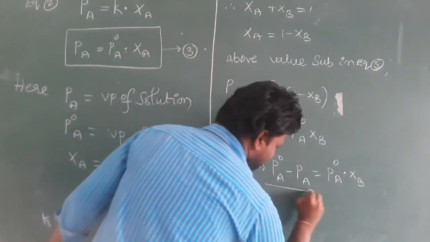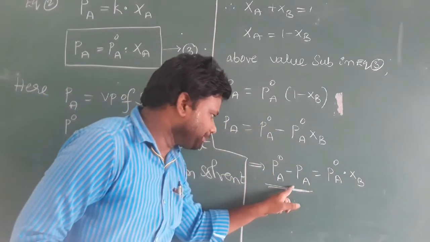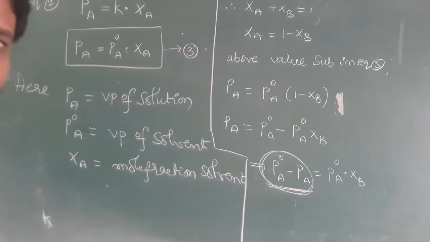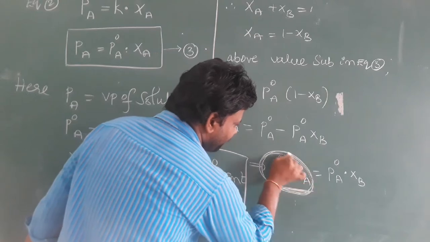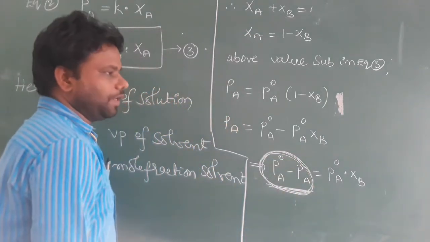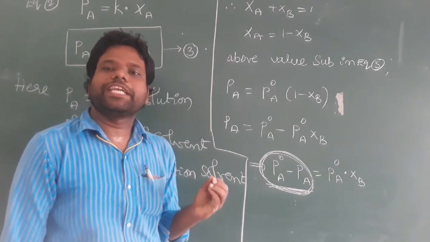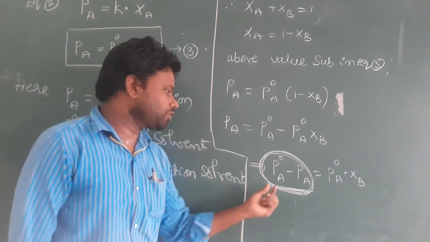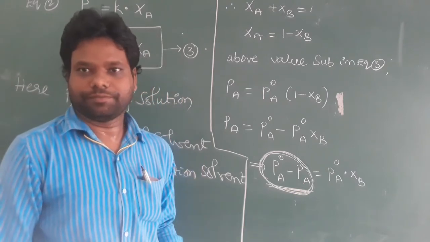Look here, this is nothing but lowering of vapor pressure. What is the definition? What is lowering of vapor pressure of the solution? The difference between the vapor pressure of pure solvent and the vapor pressure of solution.